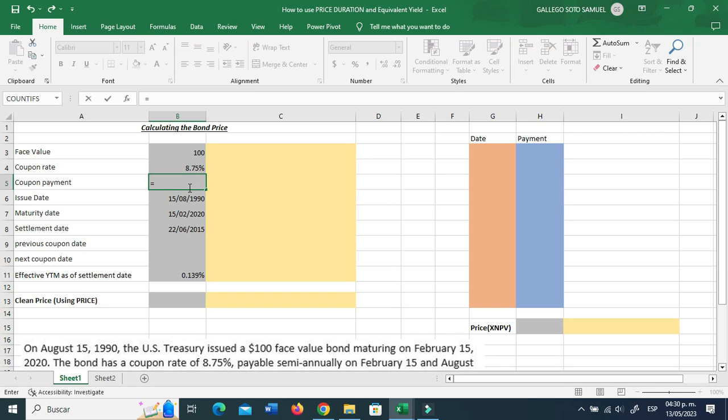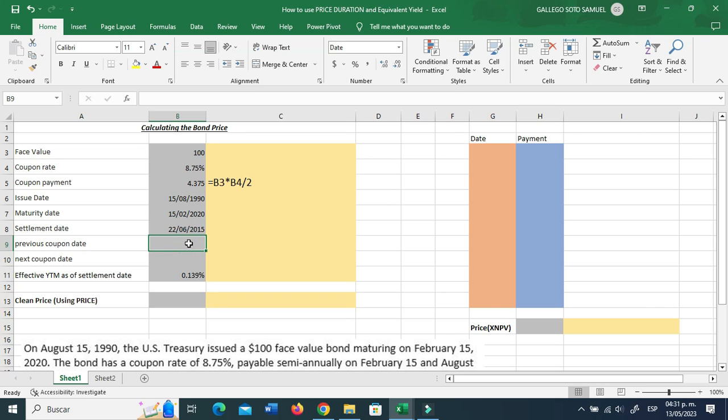Let's fill this in. As you can see, the basic information, the basic scenario, is already typed in. So let's just go ahead and keep on going. We have the face value that we have to multiply by the coupon rate and then divide by 2, since we're going to be paying semi-annual coupons, right?